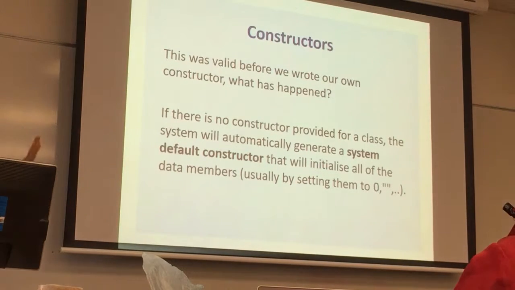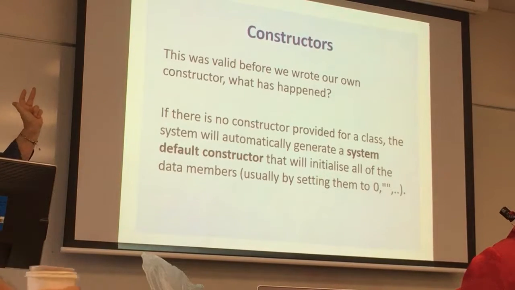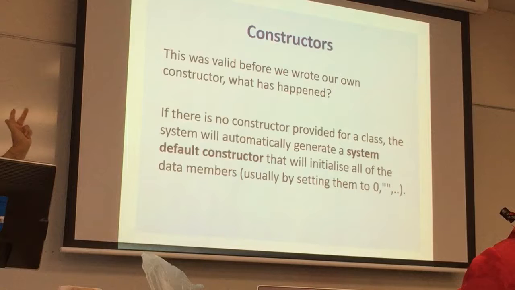As a matter of fact, if we talk about default generated methods for a class, be aware there are 5. Default constructor is one, we will see destructor is another one, and then assignment operator is one, member function, but we won't talk about this, member operator, and we will see copy constructor.